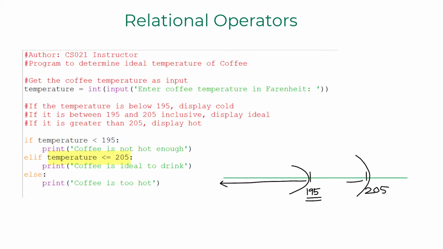So those are the ones that are included, including 195, because that one was left out by the if condition. Finally, the else code block is going to take care of all the values that are greater than 205. We'll practice more of these in class as well as in the lab.